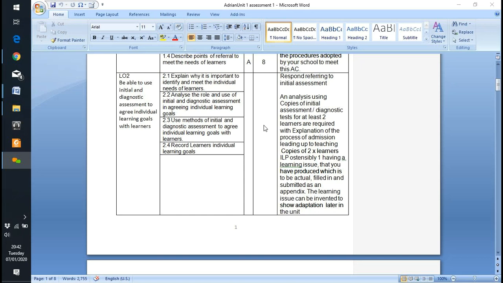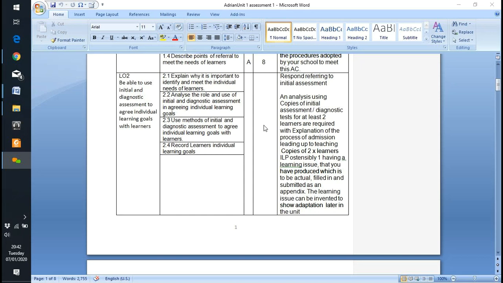Basically, the simple answer to that is yes. What you have then is, once that initial assessment has been carried out, whoever's carried that out, if they haven't needed to do a diagnostic, they will then produce an individual learning plan for that learner. And that learning plan will have what their goals are and how they're going to achieve it.